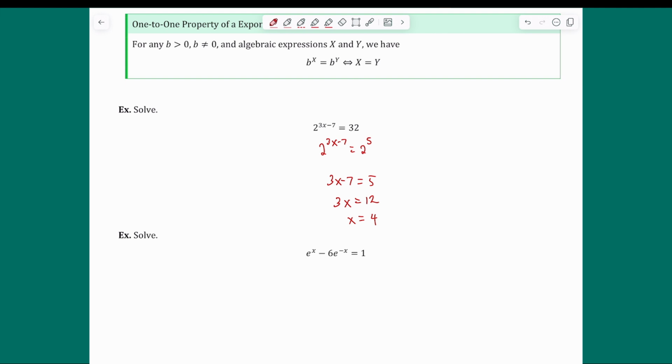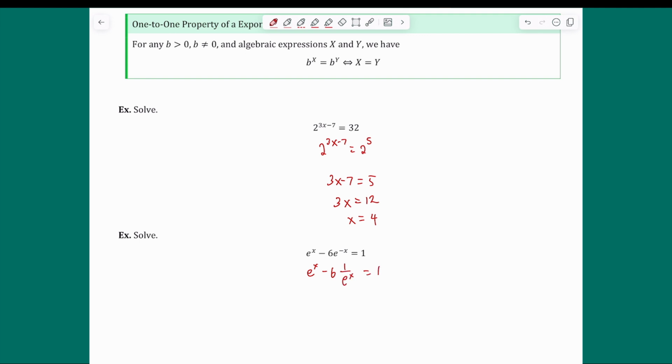We have e to the x minus 6 e to the negative x equal to 1. This particular equation isn't as simple as the previous one because we have this constant of 1 here. But what we can notice is that e to the x and e to the negative x are related, in the sense that e to the negative x is just 1 over e to the x.